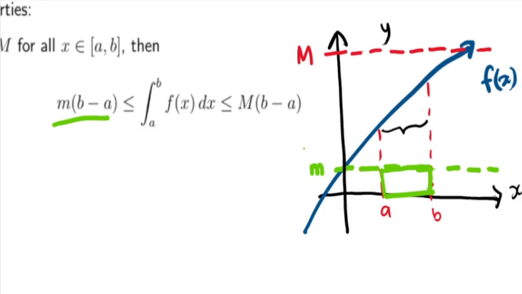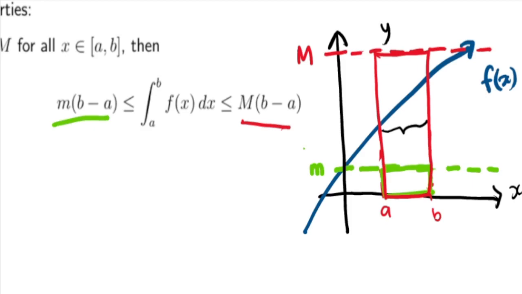Then, we can think of this one as this rectangle. So, what this says is that the actual area under the curve F from A to B will be between the area of the red rectangle and the area of the green rectangle.